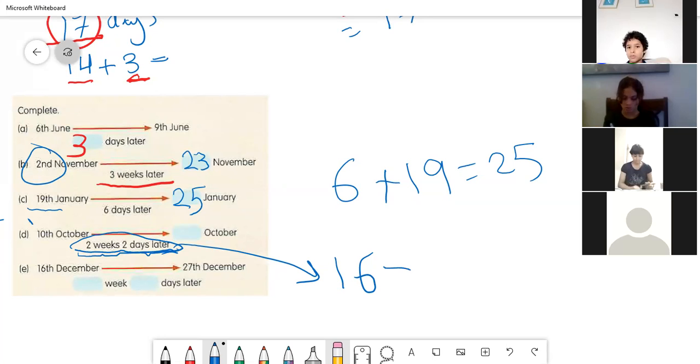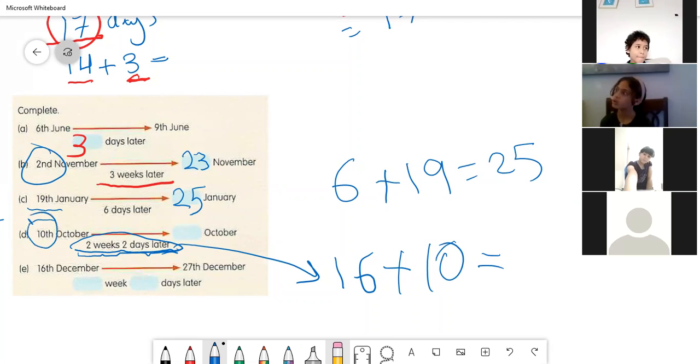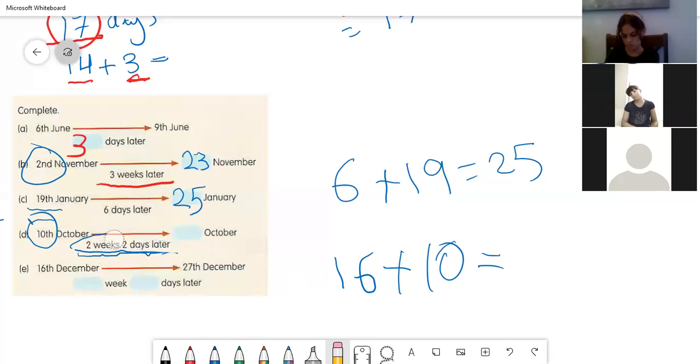Say 16 plus 10. It is simple. Why 16 plus 10? Because 10 is the date, and 16 is the number of days later. Is it 26, right? Yeah. Okay, thank you.